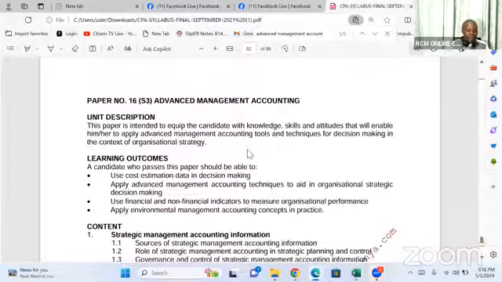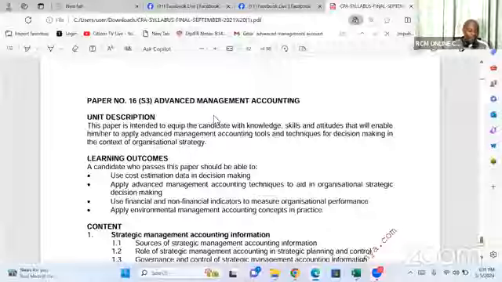So paper number 16, advanced management accounting, unit description. This paper is intended to equip the candidates with knowledge, skills, and attitudes that will enable him or her to apply advanced management accounting tools and techniques for decision making in the context of organizational strategy.